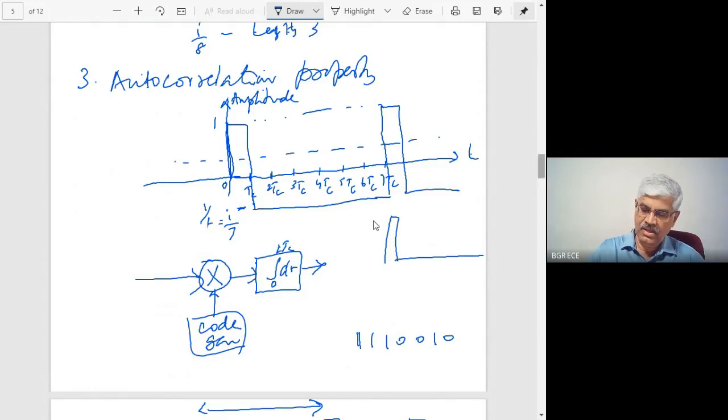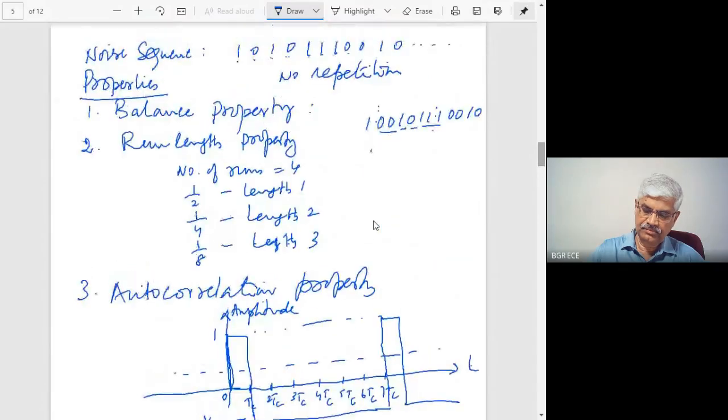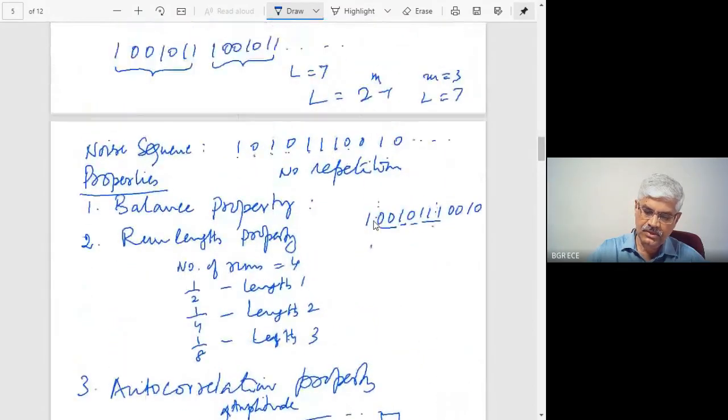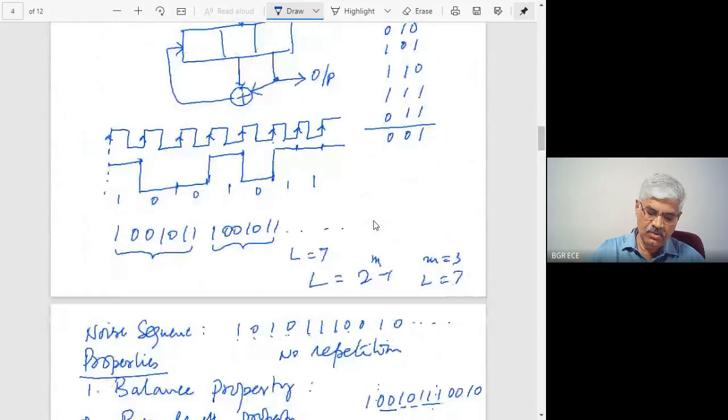So this innocent looking sequence satisfies all the properties of randomness.